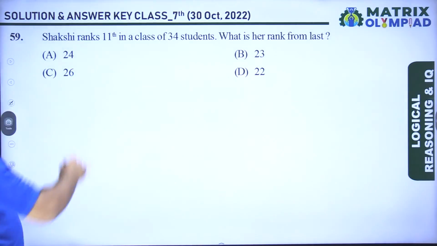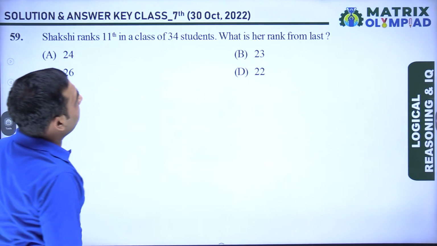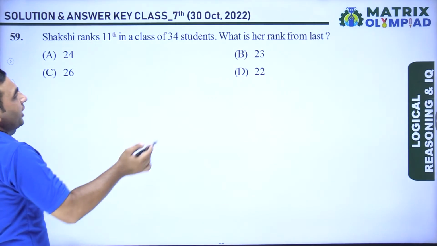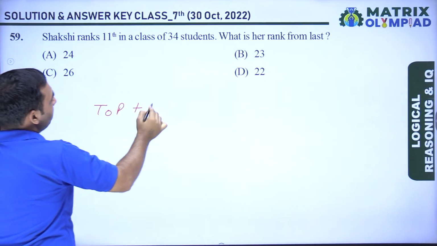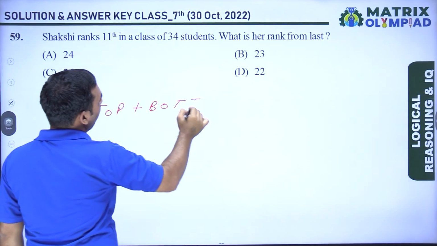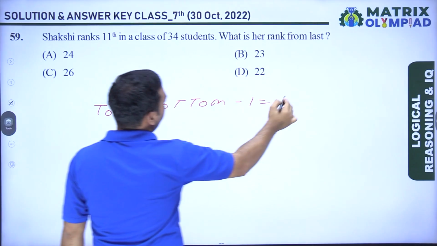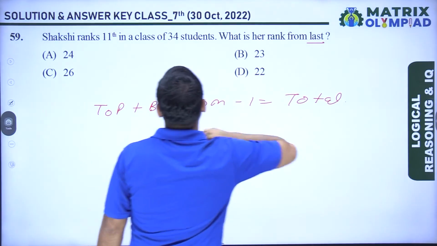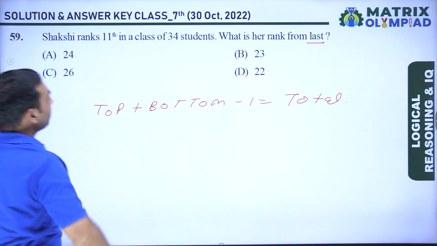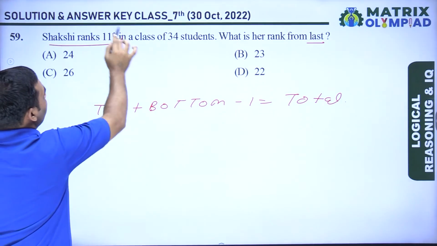Next question is, Sakshi ranks 11th in a class of 34 students. What is her rank from last? As you know, top plus bottom minus 1 is equal to total students. Last is called bottom and start is called top. Sakshi ranks 11th.